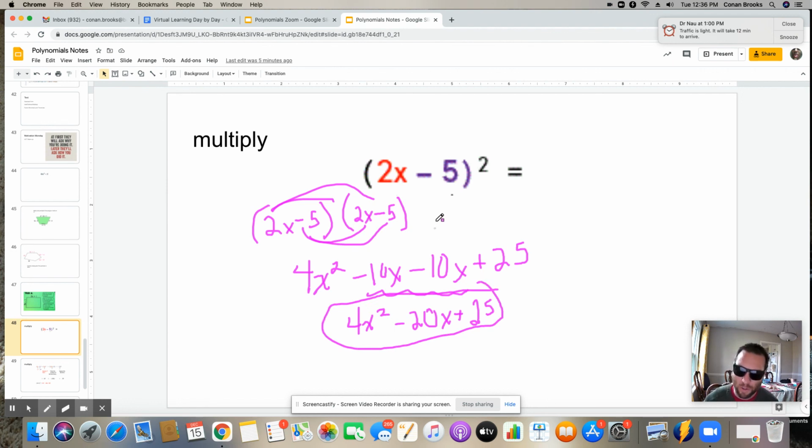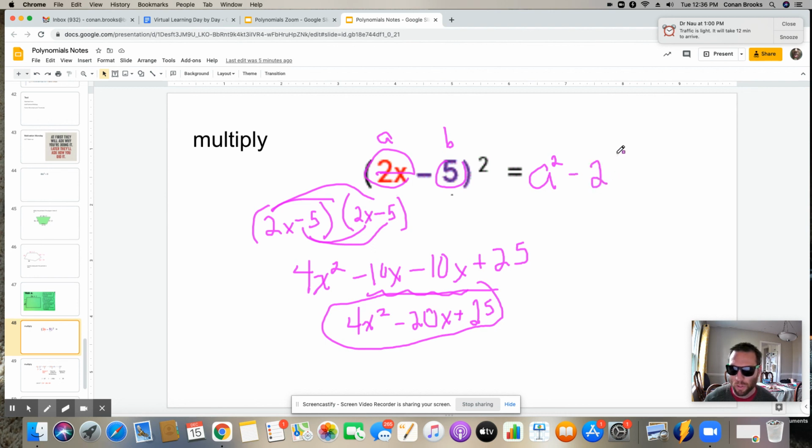There's a pattern. There is totally a pattern. Imagine this part being A and this part being B. What it is going to be is A squared. 2x squared is 4x squared.